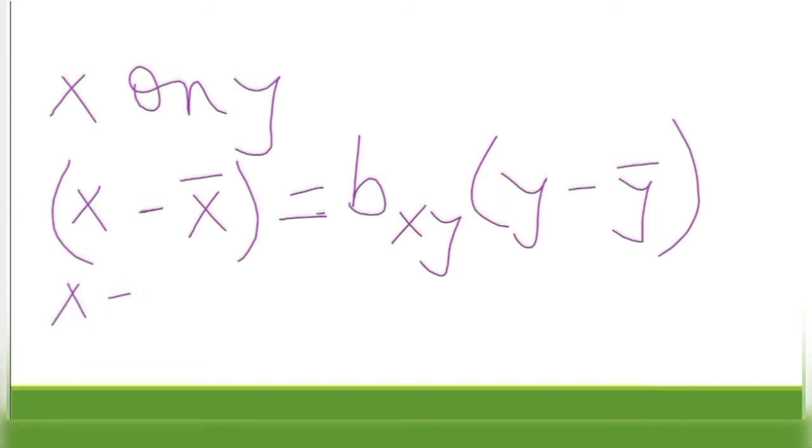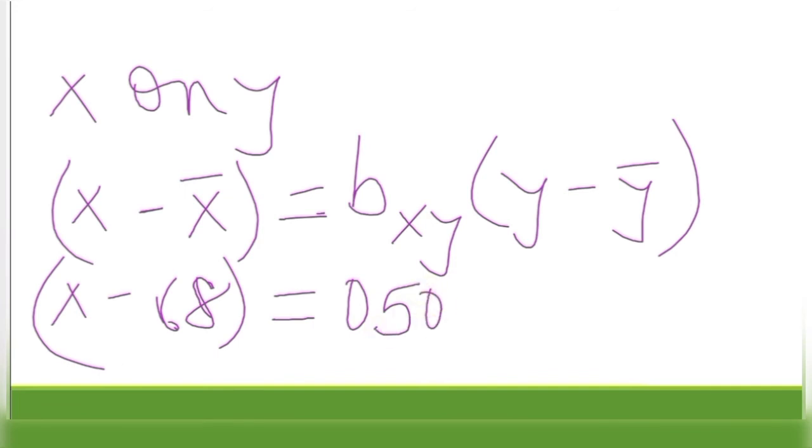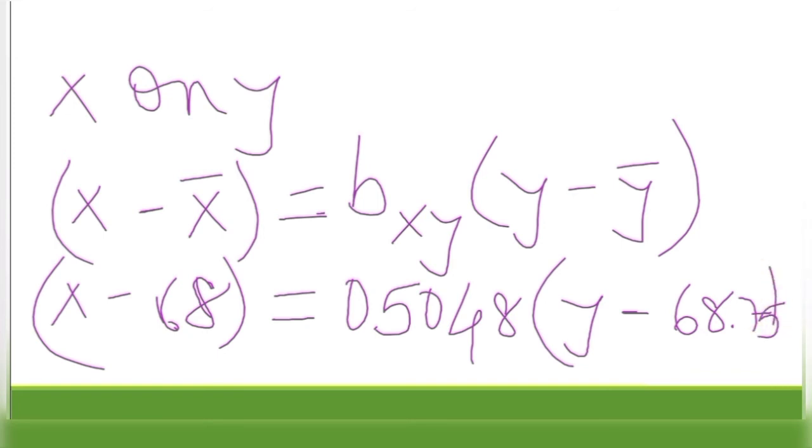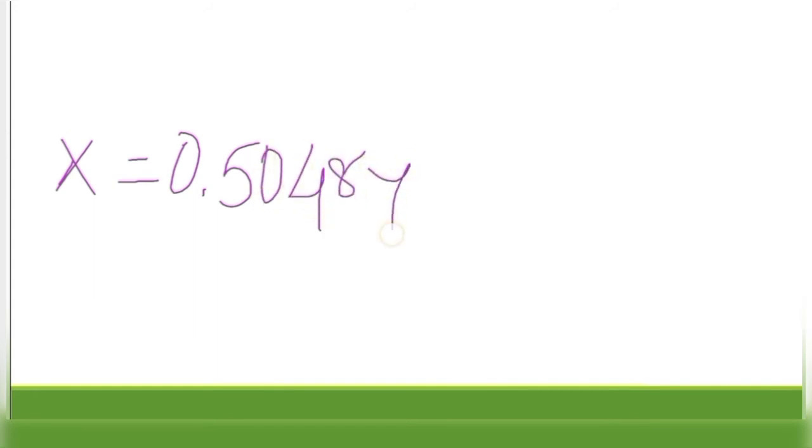Here x bar is 68, bxy is 0.5048, into y minus y bar. Y bar is 68.75. On solving this, we'll get x is equal to 0.5048y plus 33.295.